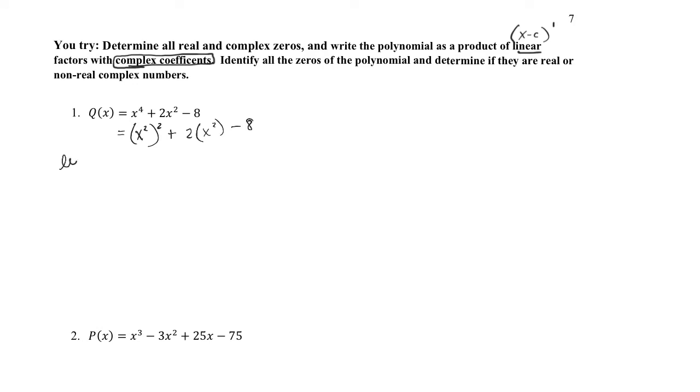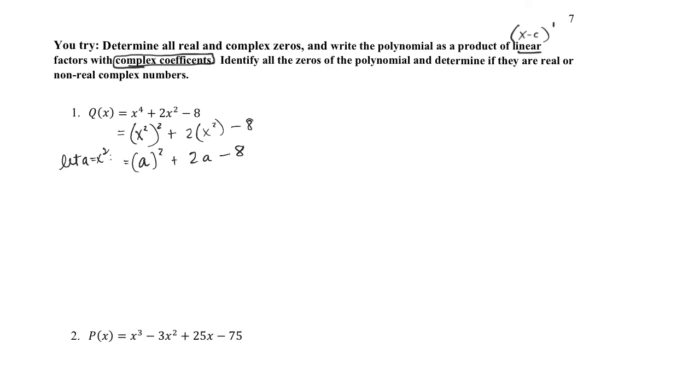So let's just say, let a equal x squared. We're just going to arbitrarily assign this variable a, and we'll say a is going to be the same as x squared. So if that's the case, then instead of x squared, I'm going to have a. So this is a squared plus 2 times a minus 8. So now my problem is a squared plus 2a minus 8.